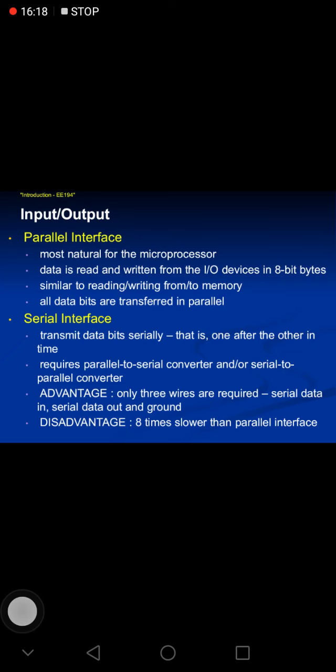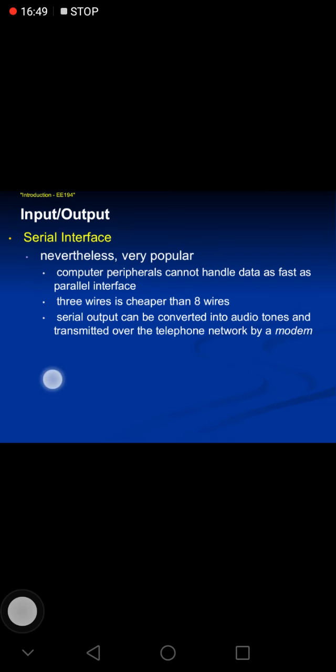So ibig sabihin after the one, the others na naman. Or ibig sabihin serial talaga yung pag-transfer. Okay, so it requires a parallel-to-serial converter and or serial-to-parallel converter. Kasi yung data natin, it's either parallel, na simultaneous na pag-transfer ng data, dapat i-convert natin siya into serial or yung pagkakasunod-sunod ng mga data. Okay, so yun. Yan yung tinatawag na serial interface.